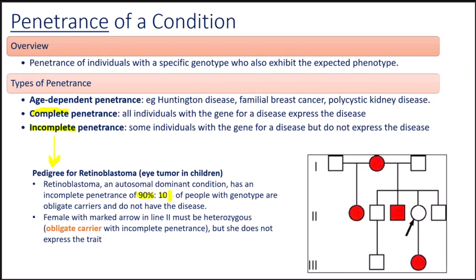The remaining 10% of people appear normal, but they're considered obligate carriers of the gene, but they do not have the disease itself. So the black arrow shown here is an example of this, where the person has the genotype for this condition, but they did not exhibit the phenotype or the disease itself. But what's interesting is that when she has a daughter in this example, the genotype and phenotype are present.